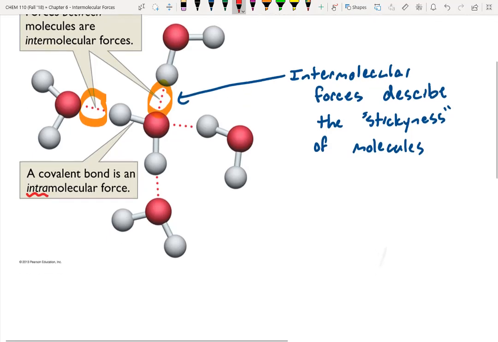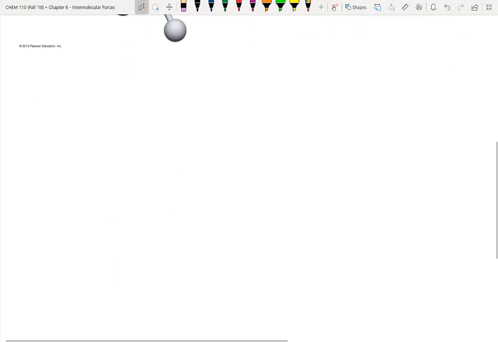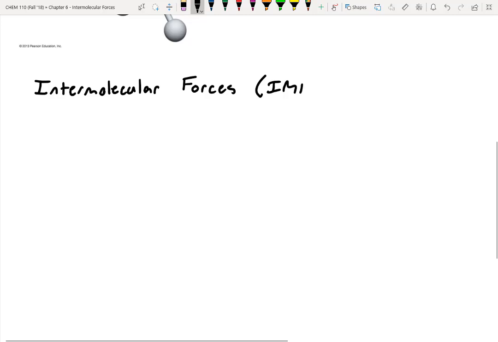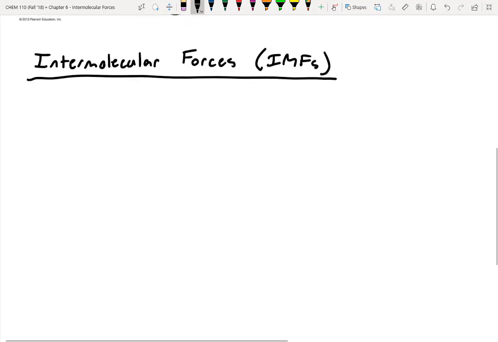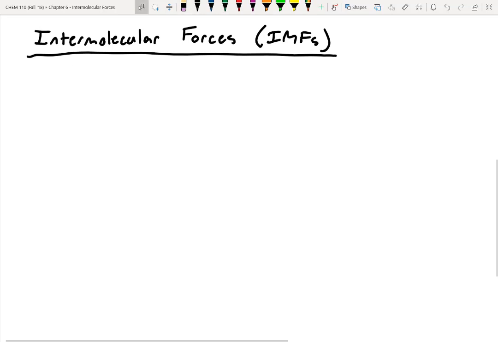Yep. All right, so let's come up with a little chart here. Got intermolecular forces. And oftentimes I call these IMFs, not the International Monetary Fund, but the intermolecular forces of a molecule.